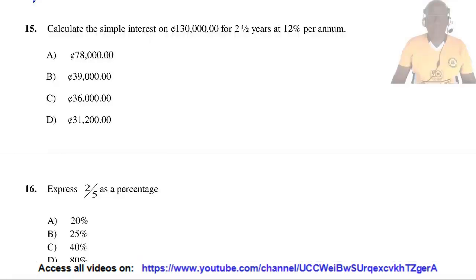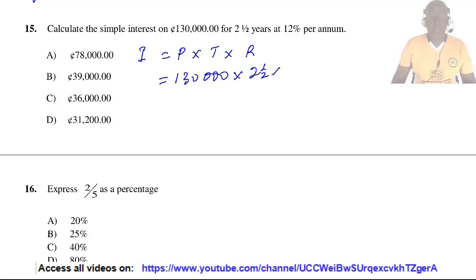Question 15. Calculate the simple interest on 130,000 Ghana cedis for 2.5 years at 12% per annum. The interest equals the principal times time times the rate. The principal equals 130,000. Time equals 2.5, and the rate equals 12% or 12 over 100. 2.5 into improper fraction is going to be 5 over 2 times 12 over 100.